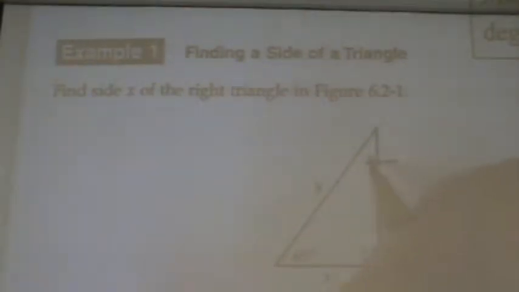Because that's a 90-degree angle. If the sum of the angles of a triangle is 180 and one of the angles is 90, we only have 90 left over. So 90 minus 65 is 25 degrees.